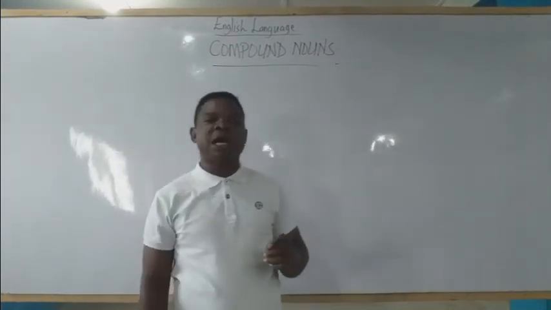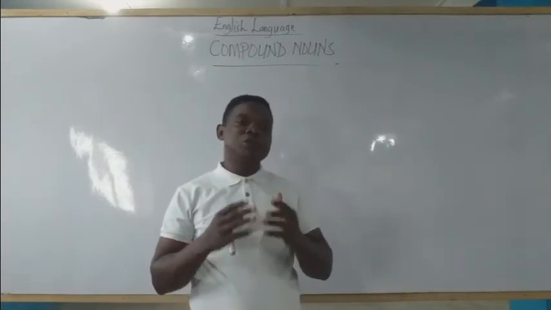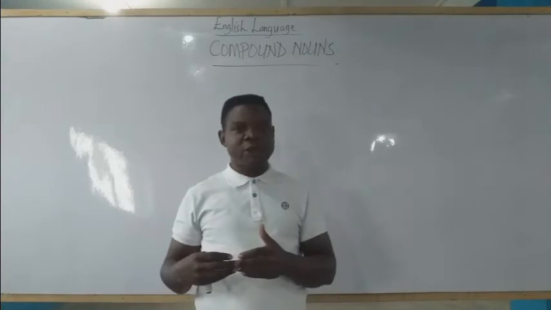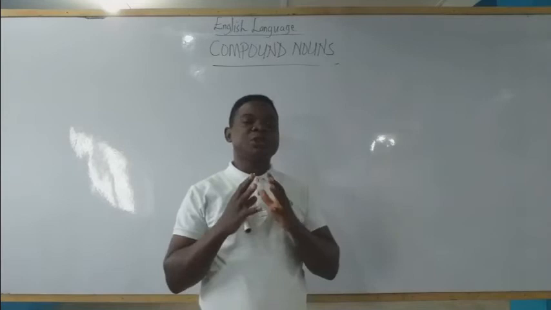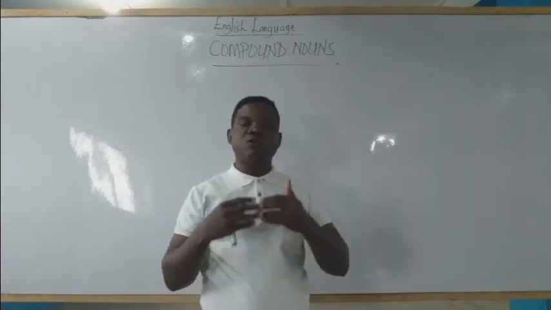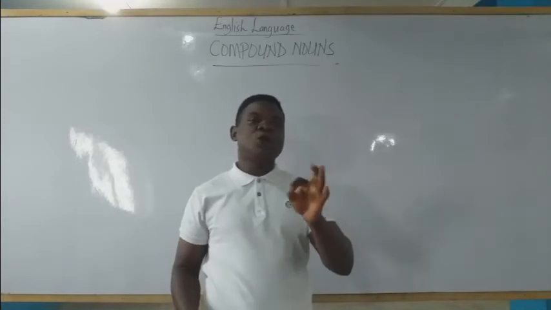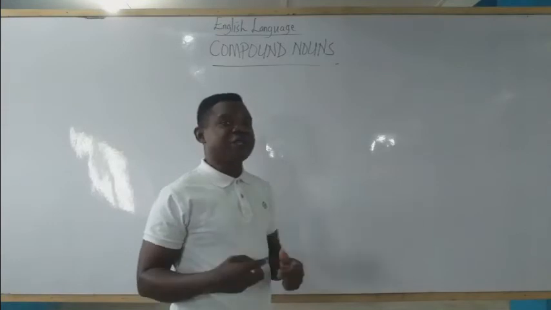Compound nouns are words that are formed by joining two or more components or words with the use of a hyphen. Nouns that are formed by joining two or more components of words with the use of a hyphen are called compound nouns. I want to talk about the hyphen in English.